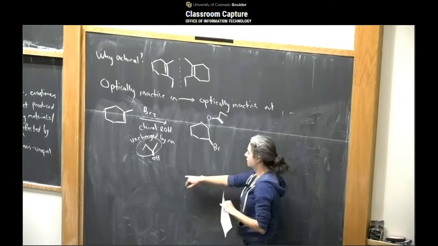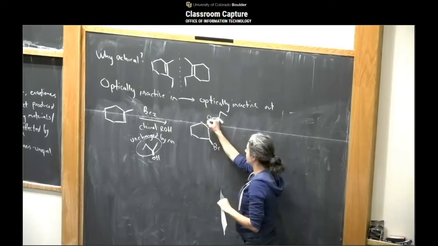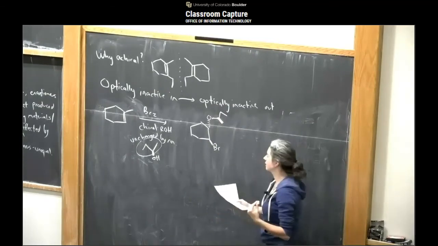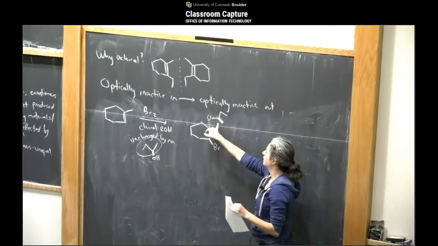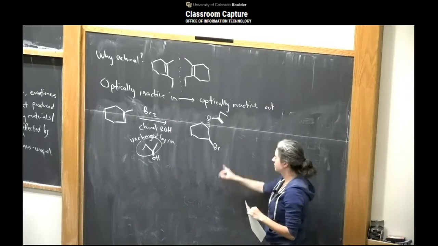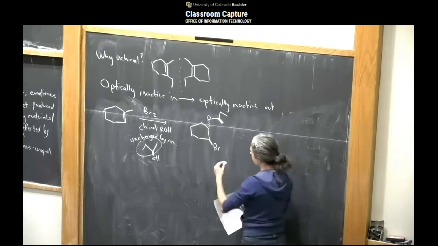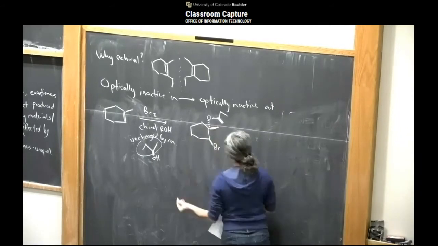We started with R, so we should have ended up with R at this carbon. I just choose to draw the methyl bold instead of the O to keep things easier to track. If you build a model kit of this, it should look okay. So that's one possible outcome.